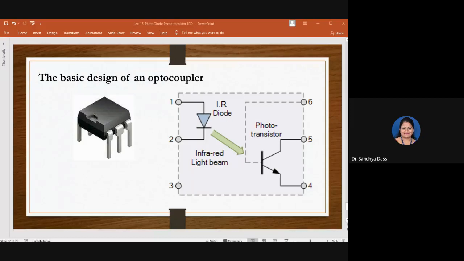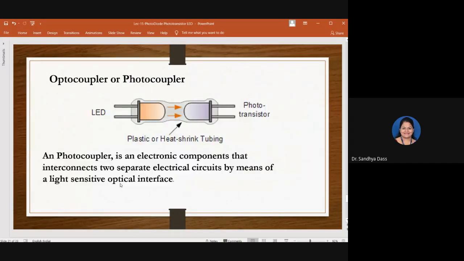For this level, that is first year, just knowing what an optocoupler is is enough for you. That's why I didn't go into much detail, giving the electrical circuit and all. That is not required.